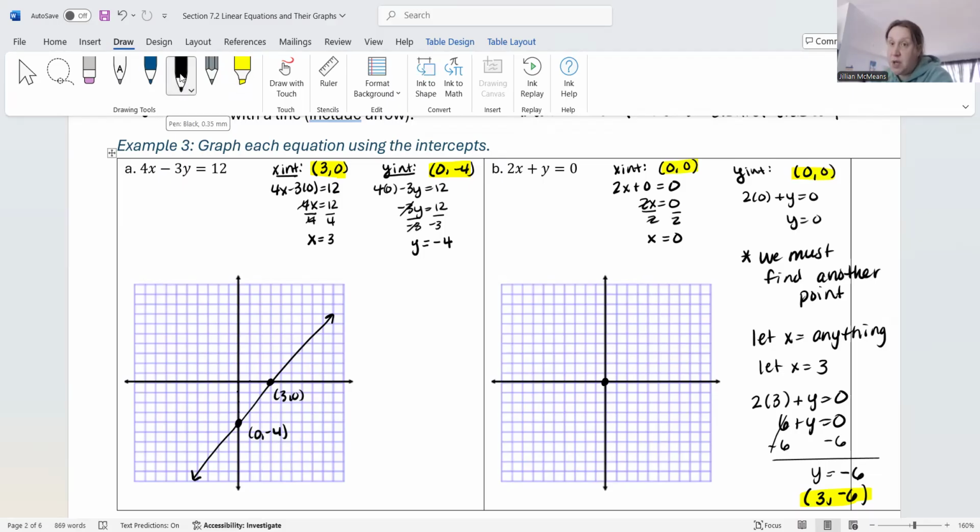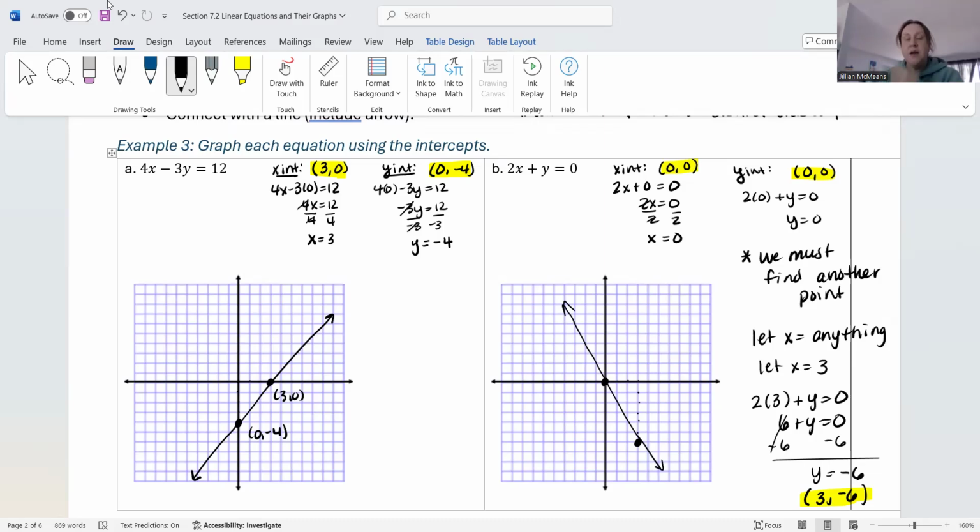We had to come up with some other point to figure out where this line is going. We know it goes through the origin, but in which direction. So I want to plot (3, negative 6). From the origin, I'm going to go to the right 1, 2, 3, and then down 1, 2, 3, 4, 5, 6. And I can now connect these 2 points and say that's a pretty good sketch of the line.